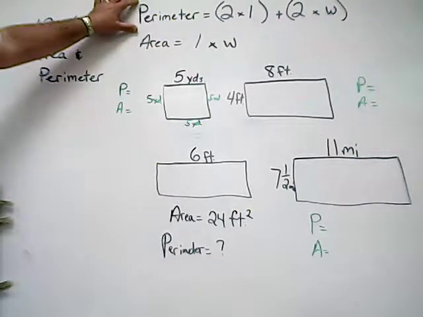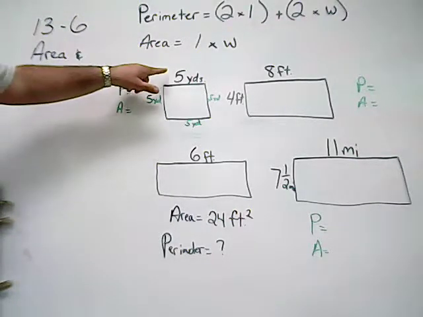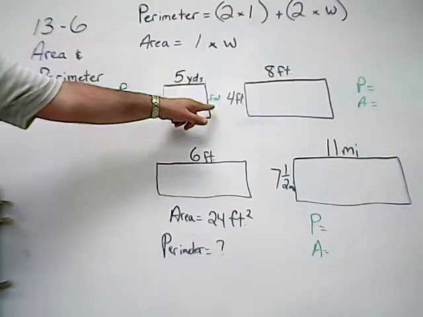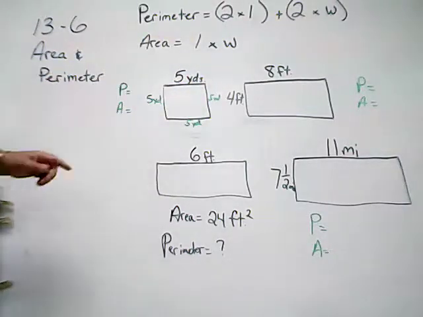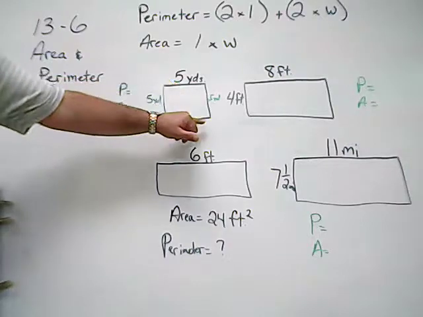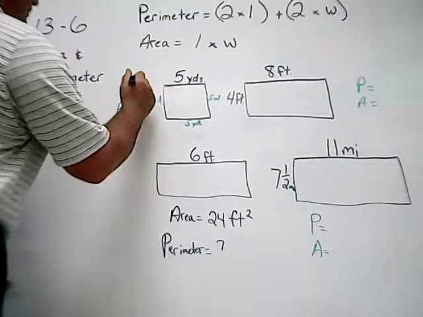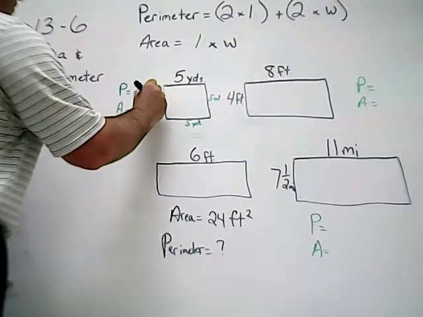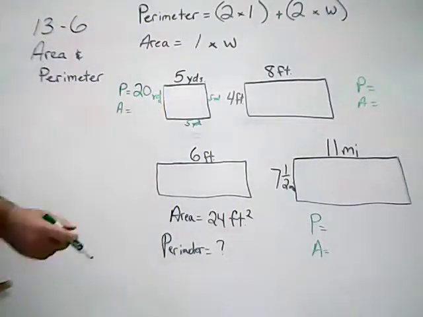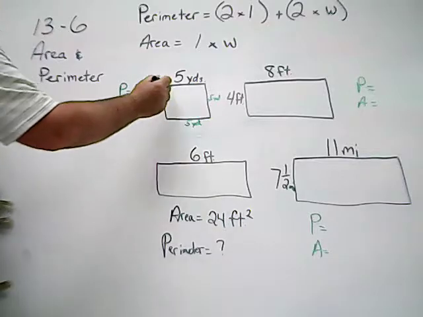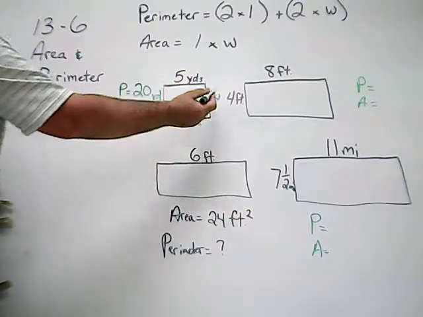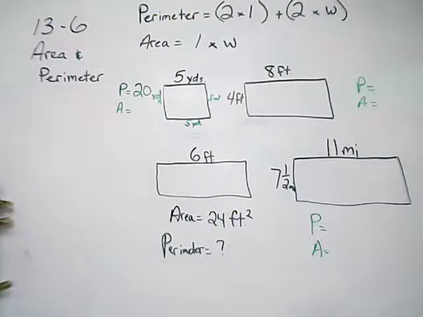I'm going to plus or add my 2 lengths. 5 plus 5 is 10. And my 2 widths, 5 plus 5 is 10. My perimeter is going to be 20 yards. I could also just take my 4 numbers and add them up. 5 plus 5 plus 5 plus 5 would get me 20.